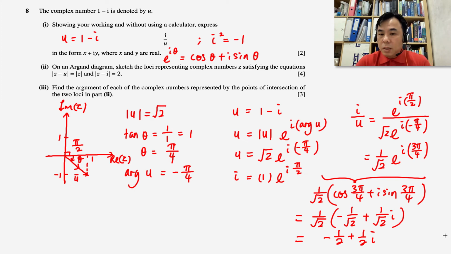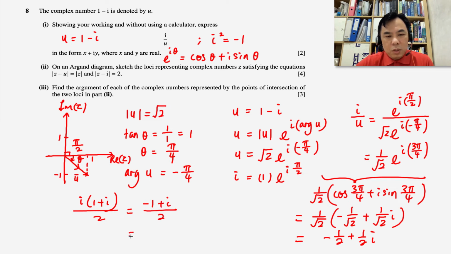Did we get the same answer? Let me check again. I sort of forgot our answer previously. Okay, let me check this one more time here. That is 1 plus i over 2. And then we have negative 1 plus i over 2 here. So it's negative half plus a half i. Oh yeah, it is the correct answer.